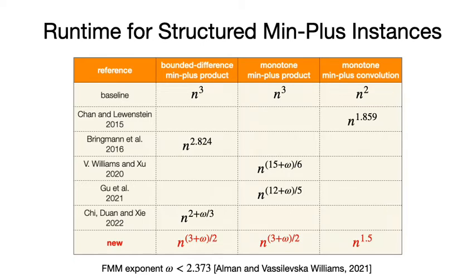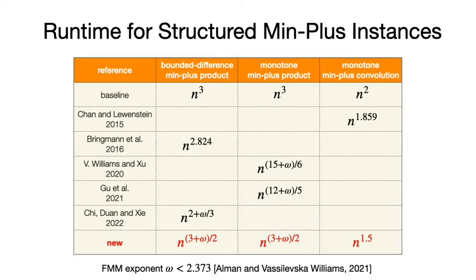The algorithm by Bremen et al. in 2016 was the first to achieve subcubic time n to the 2.824 for a bounded difference min-plus product. Later on, Vasilevska, Williams, and Xu generalized the subcubic runtime to the case of monotone min-plus product, which has a slightly larger runtime of n to the (15 plus omega) over 6. Here, omega refers to the fast matrix multiplication exponent.